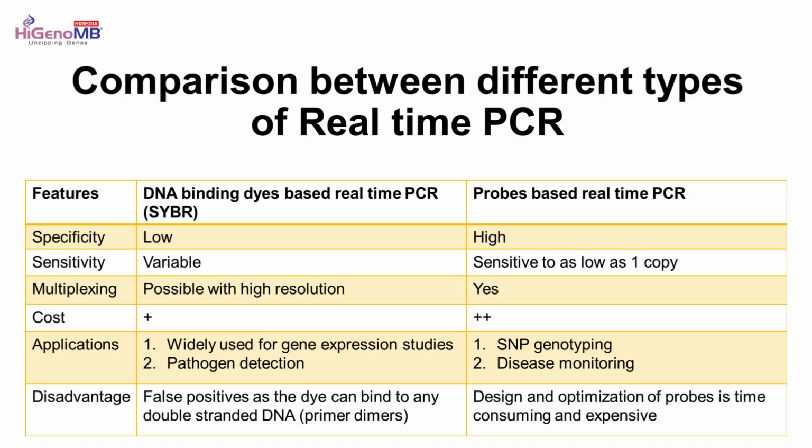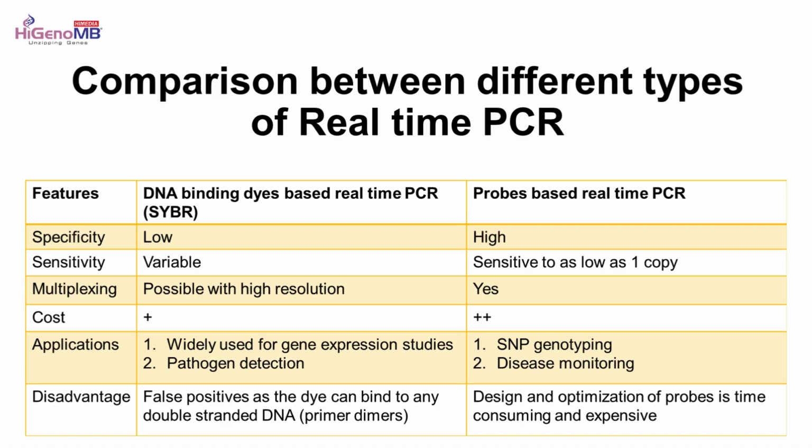So these DNA binding dyes will bind to those primer dimers as well and release fluorescence. In this way, this is not a very specific technique. On the other hand, if you take probes, this kind of problem does not exist because you are designing a probe which is specific to the template, and hence the specificity is really high.